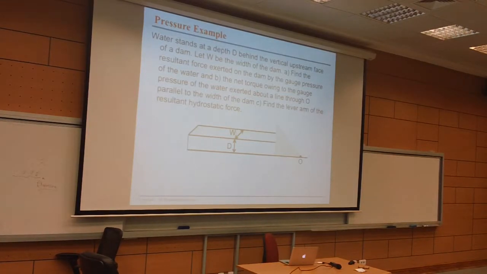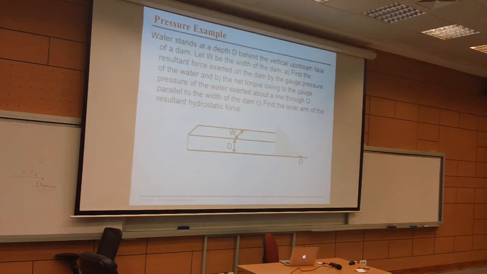We talked about the dependence of the pressure on the depth. Yes, it is perpendicular. It's vertical. That's right. So, the problem is that the pressure is not constant as you go all along the wall.